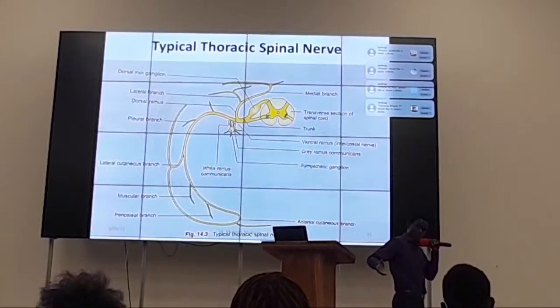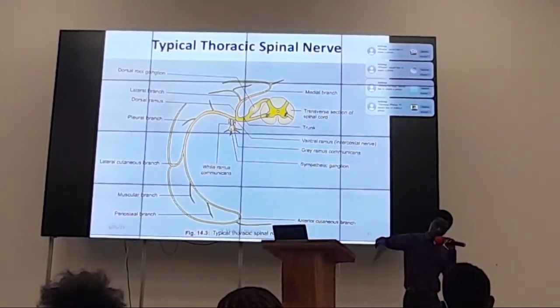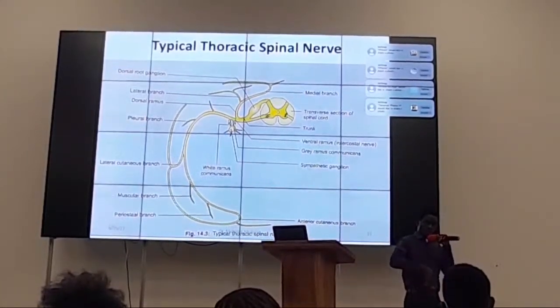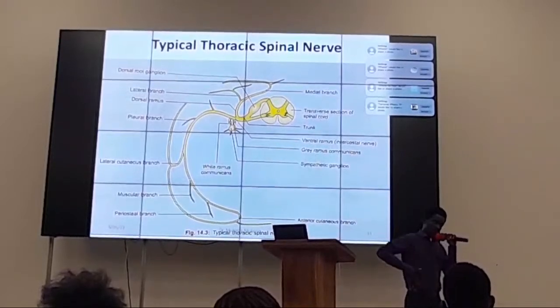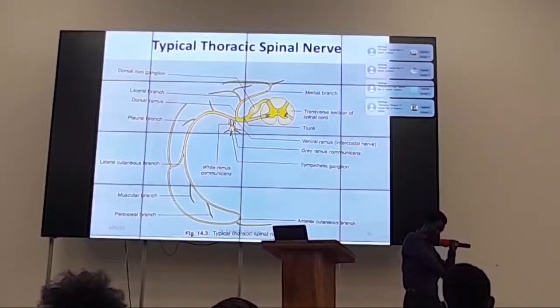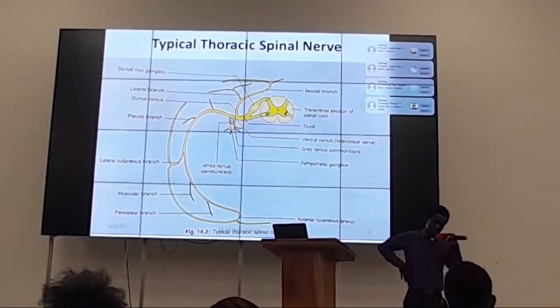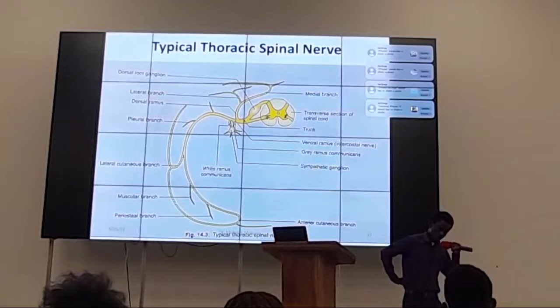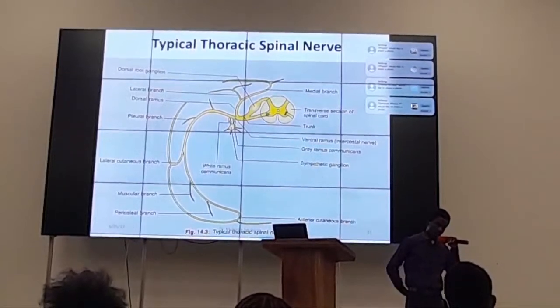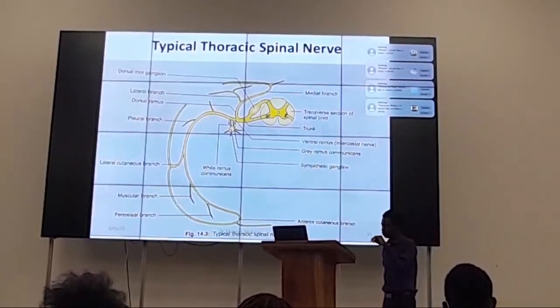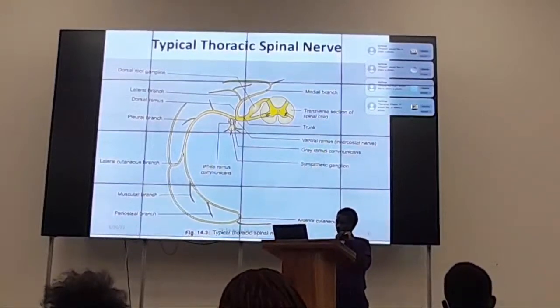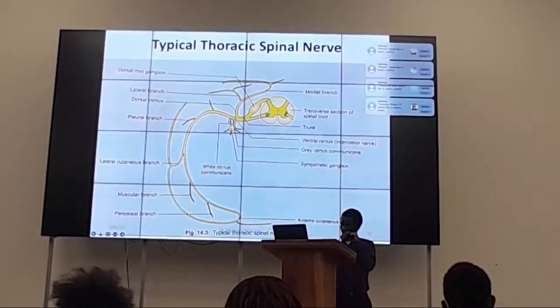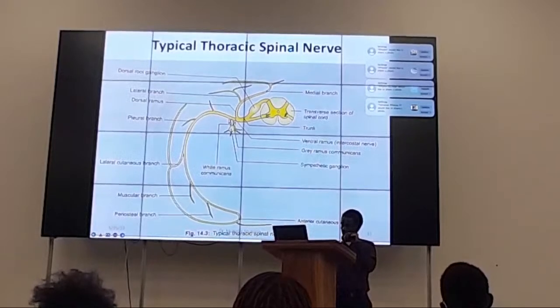But the ventral one has to supply the lateral part of the body and also the anterior part. So you can imagine all this is supposed to be supplied by the ventral primary ramus. And then the dorsal goes to supply the dorsal aspect. So that's why this one is bigger compared to the dorsal.